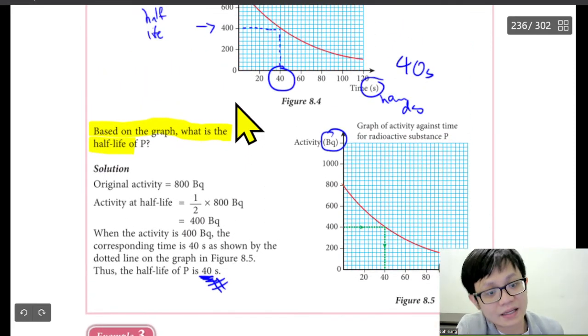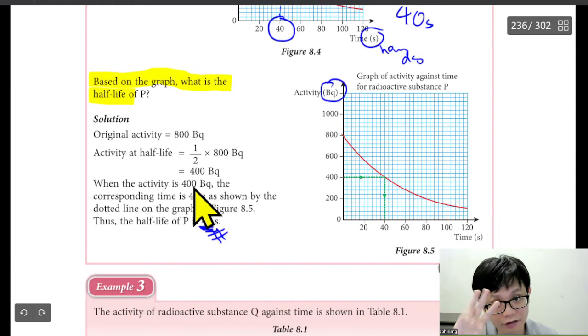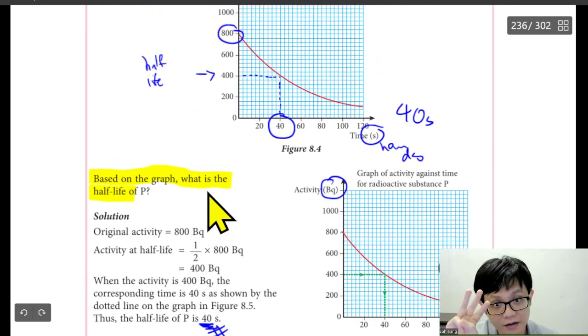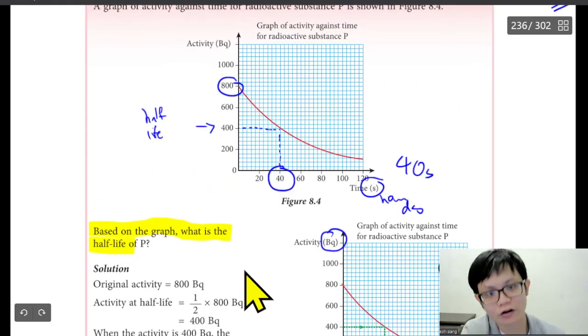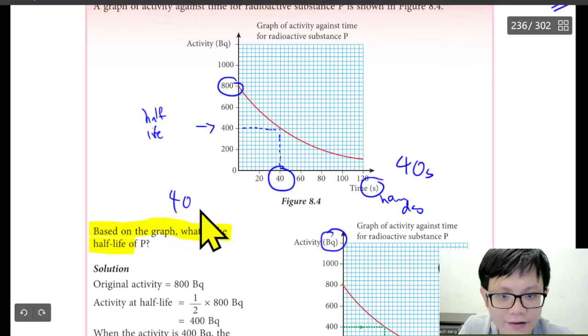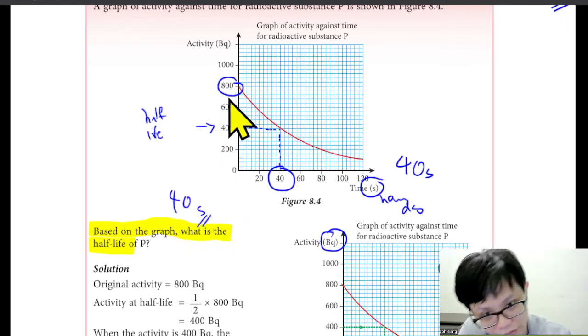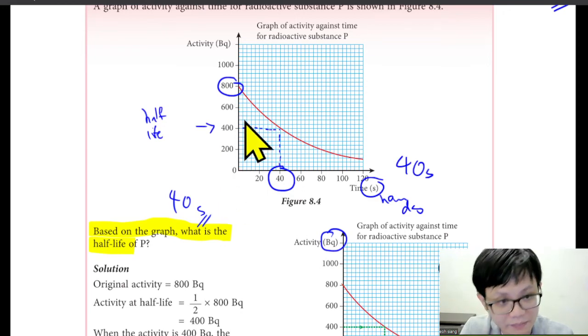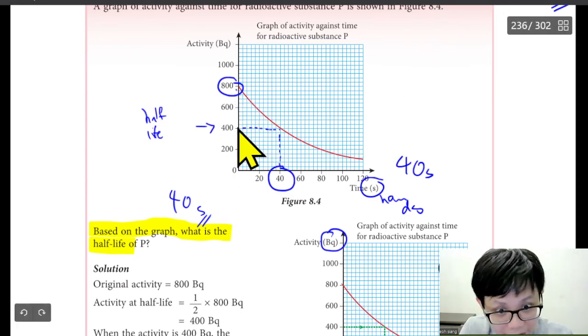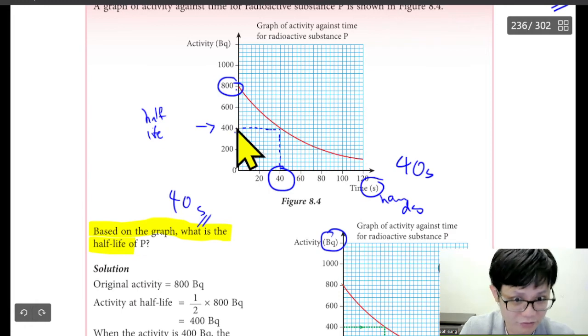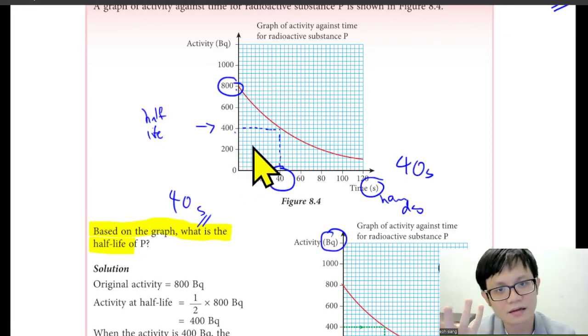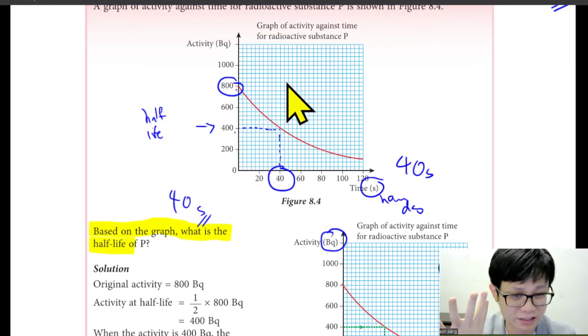But in the exam, if it is 2 marks or 3 marks you need to write the formula. You don't just write 'oh, answer 40, yeah I get correct'. You don't write like this in your exam. You do some working, let's say for 3 marks you put 800 divided by 2, so you get 400. If the exam asks, sometimes they want to see the formula.